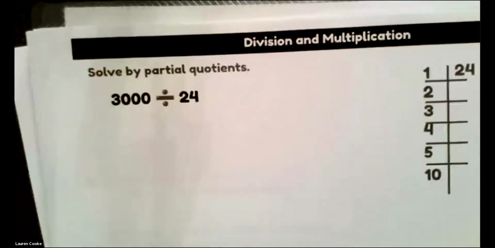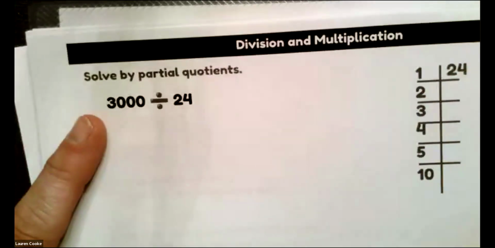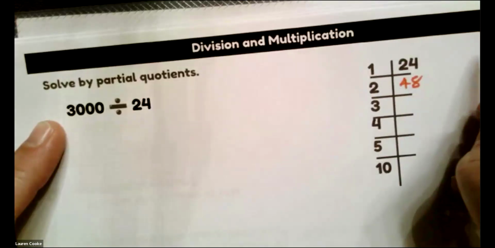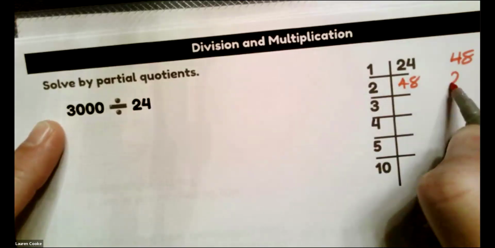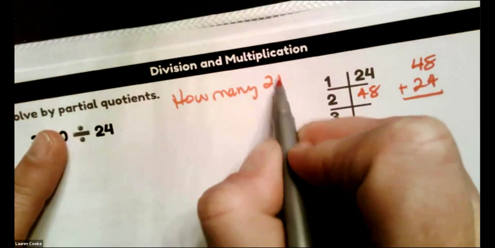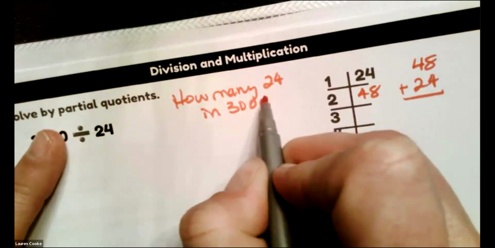All right. So we are going to start with division. Let's do 3,000 divided by 24, because I'm trying to find how many 24s are in 3,000.